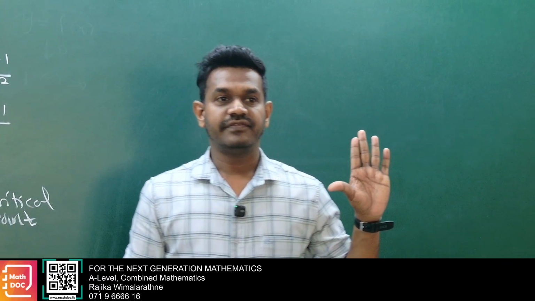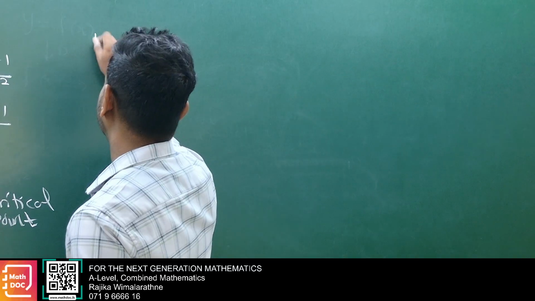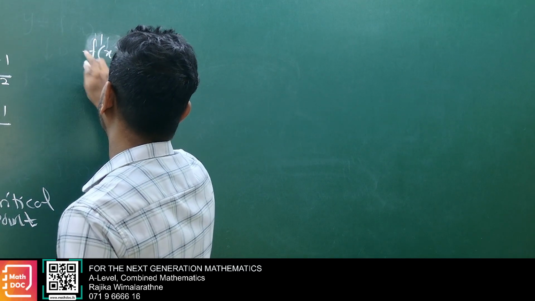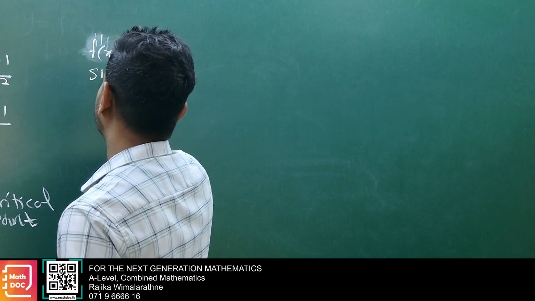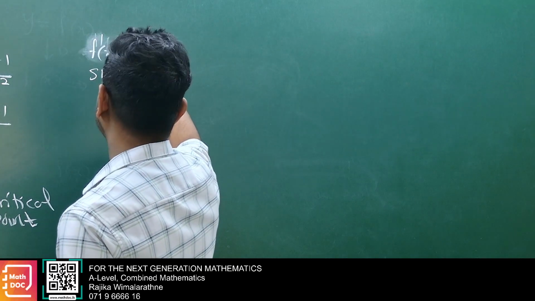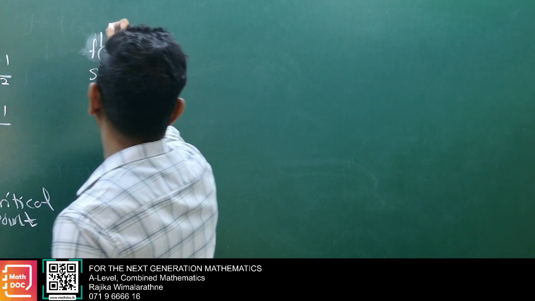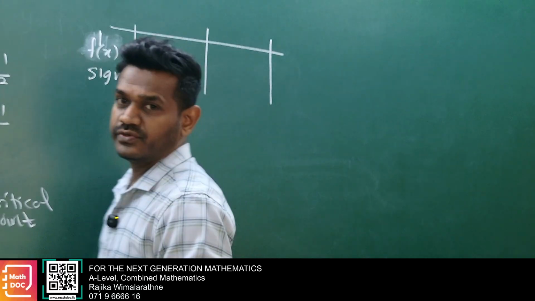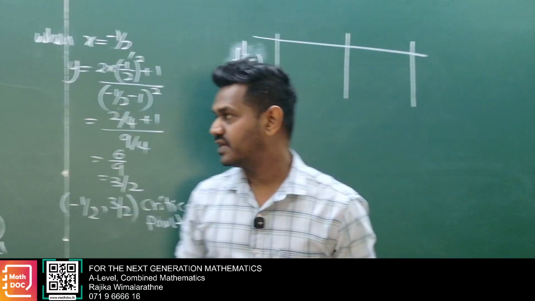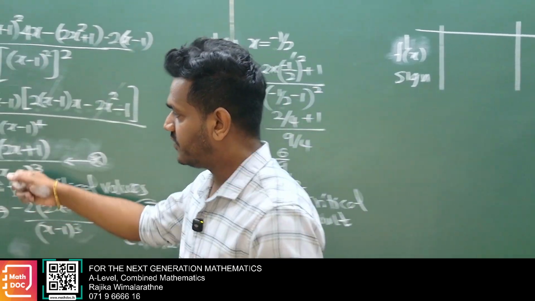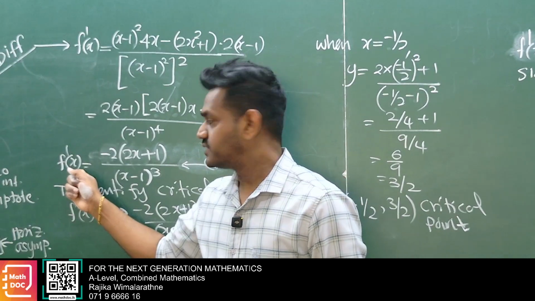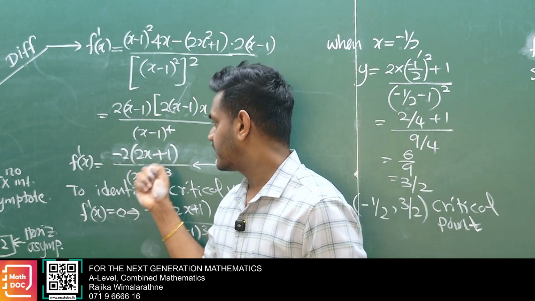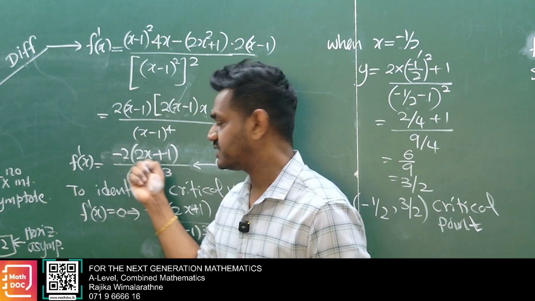Now you check the dy over dx sign, or otherwise the f dash x sign. Now when you check the sign, you have to think about f dash x, no? So here the sign can change at x equals 1 by this factor, and again the sign can change by this factor.